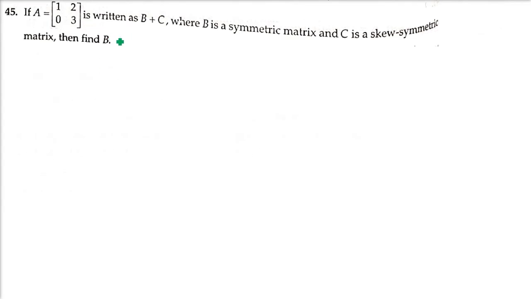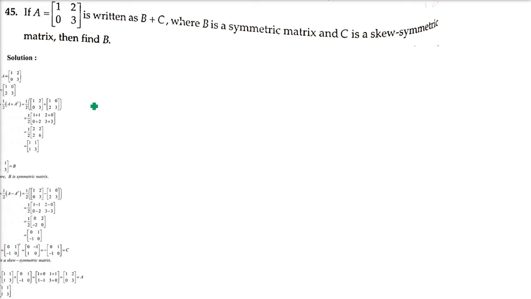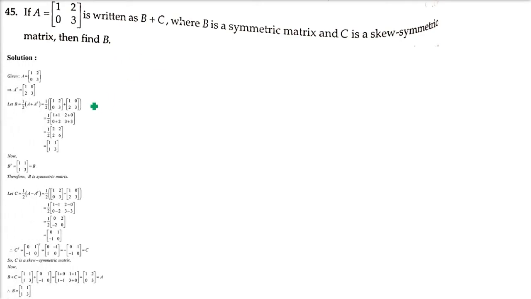If A is written as B plus C, where B is a symmetric matrix and C is a skew symmetric matrix, then find B. How we are going to write B and C, we have already seen in the other exercises, but I'll tell you, B will be half of A plus A transpose, C will be half of A minus A transpose.